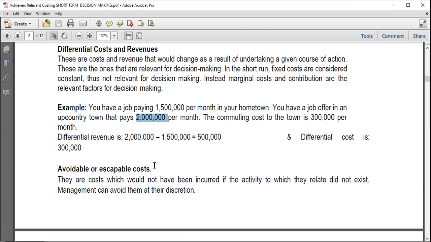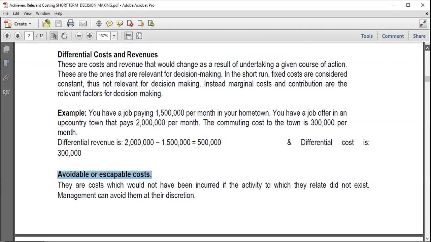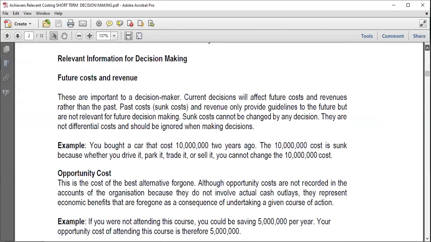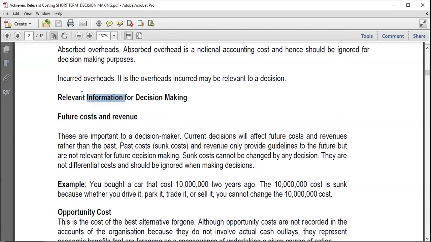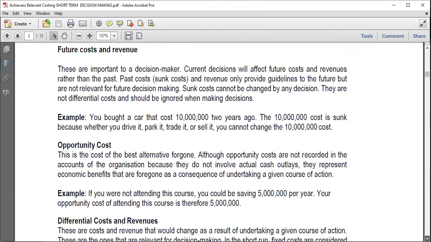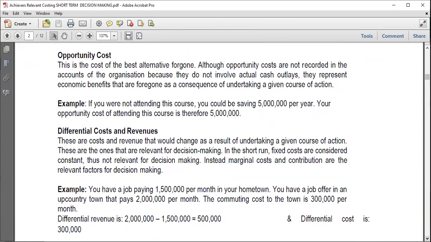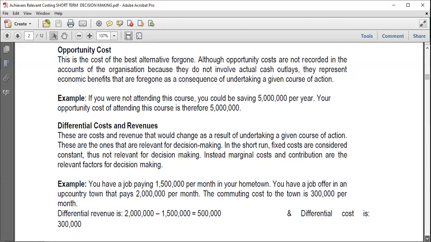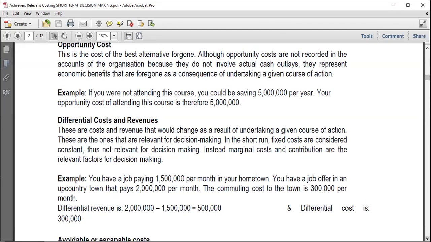And then we have avoidable or escapable costs. Now, all this that we are looking at are basically aspects of relevant information. It's just to help you understand more of which information to pick from a scenario. Like we indicated at the start of this, not every piece of information that you have at a given time when you're making a decision is relevant.